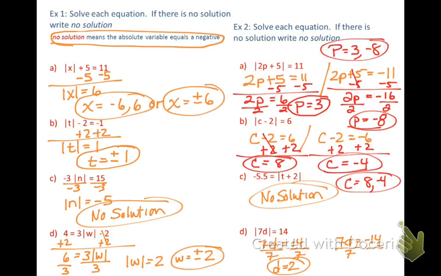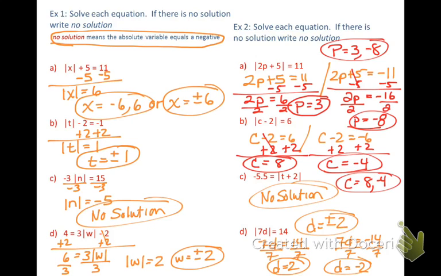Divide by 7 here. And d equals negative 2. So again, they're both positive and negative of the same number, so you can write it like this. All right, that's the first set of problems.